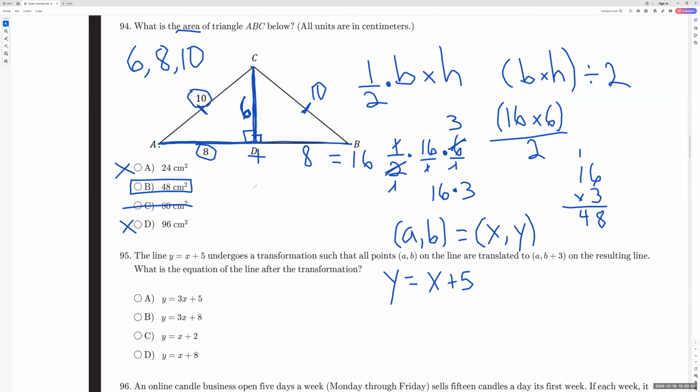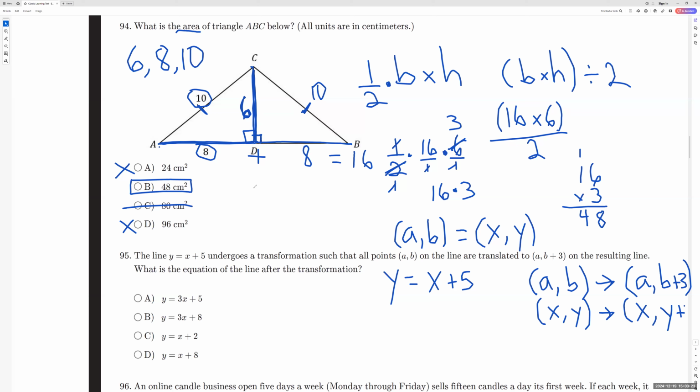So if I'm going from AB to A and B plus 3, the A stays the same, and the y goes up by 3, only the y. So this is like saying x and y goes to, the x remains the same, and then the y, we add 3. All right. So when x is 0, y is equal to 0 plus 5.